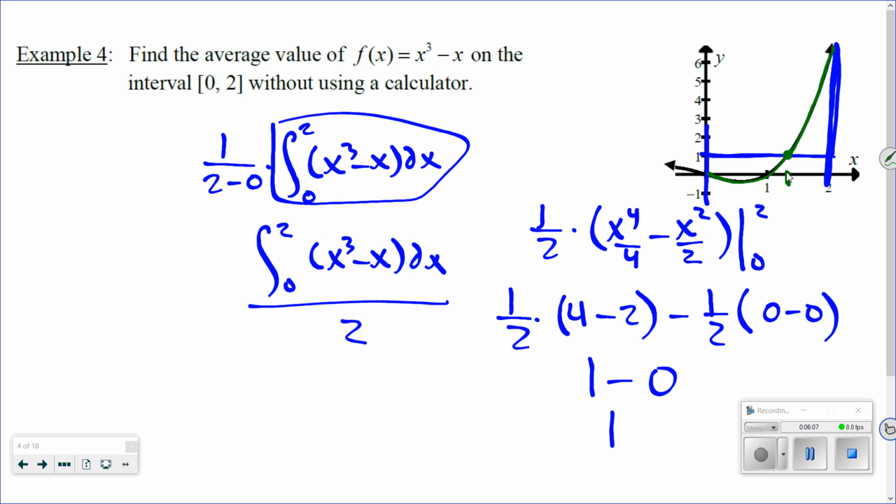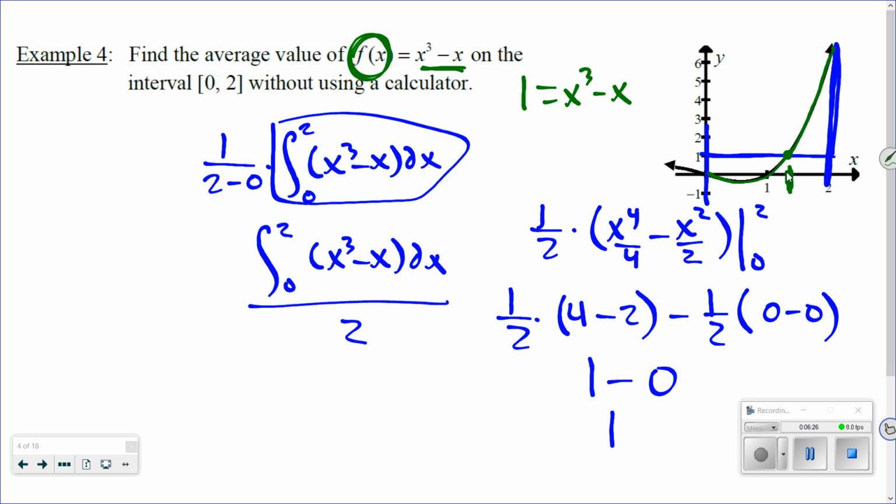So what I'm really doing is I want to put 1 in for y and find out for what x value does my function equal that actual average. So it's going to look like this. I'm going to go 1 equals x cubed minus x. And what I'm really looking for is what is that x value right there.